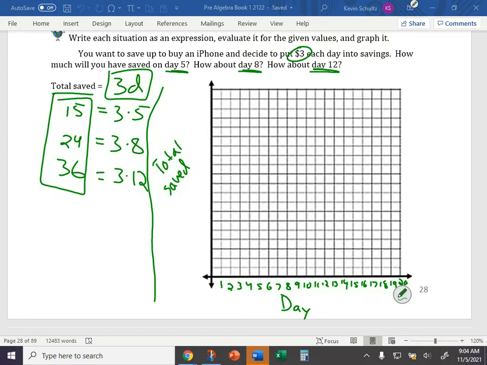It's going up by 3 every single day, right? 15, 24, 36, they're all multiples of 3. Okay? So start at 3, and then 6, 9, 12, 15, 18, 21, 24, 27, 30, and so on.